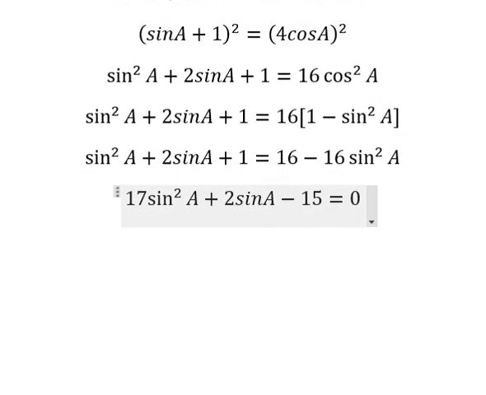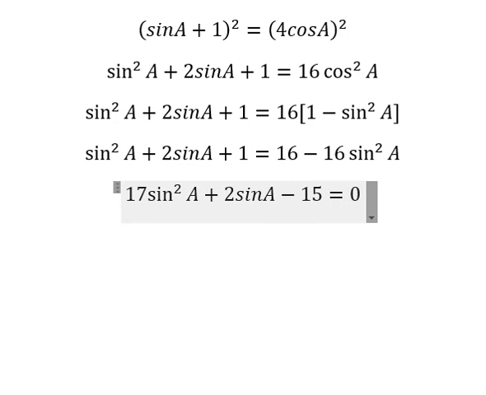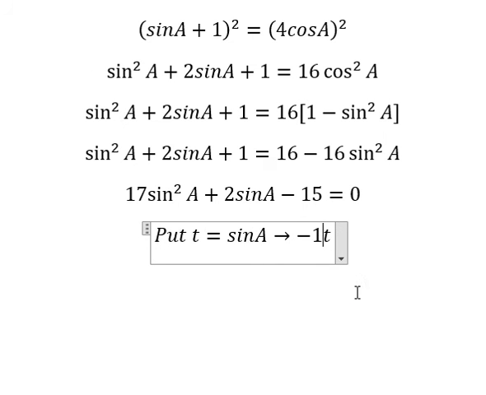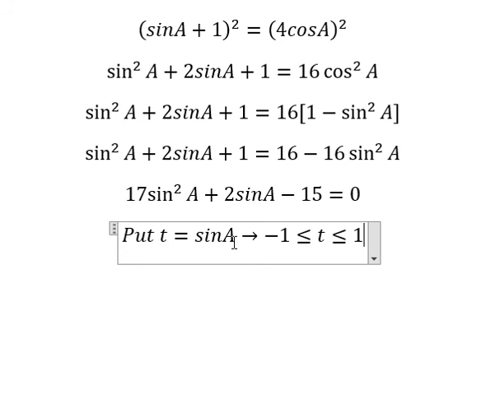And now I will put t equal to sine A. Because we want to find the real number of this one, t should belong from negative 1 to positive 1, because with this you can get the real value of A in here.